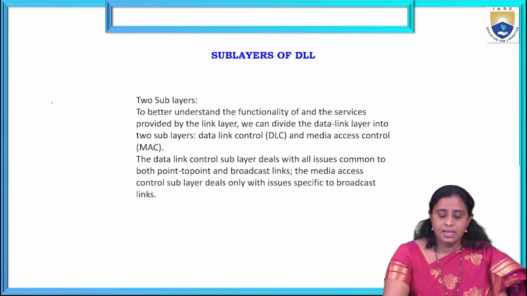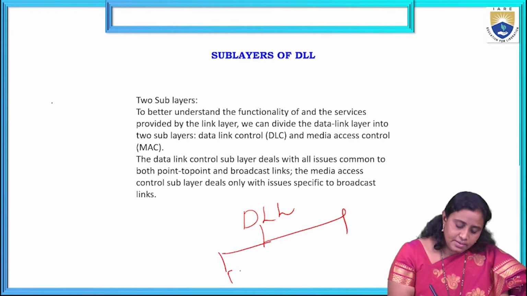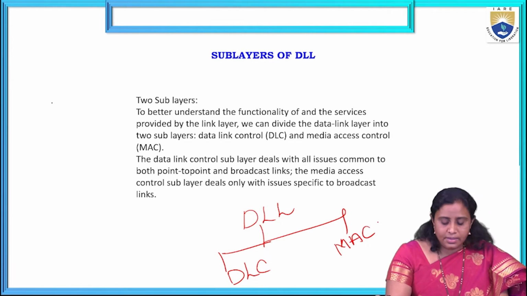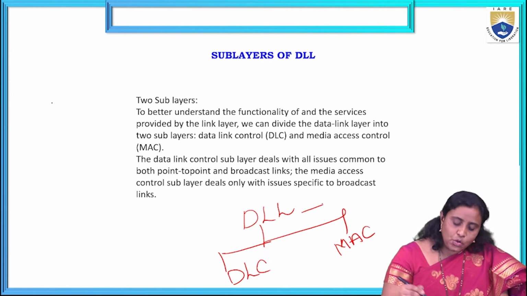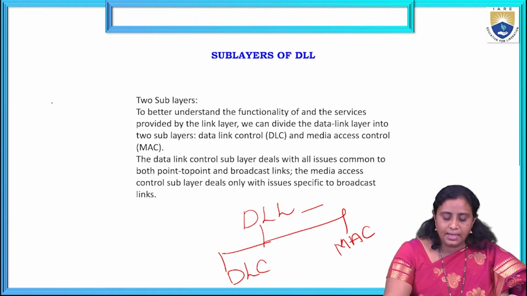The first one is the DLC, data link control, and the second one is the MAC, medium access control. These are the two sublayers of the data link layer.